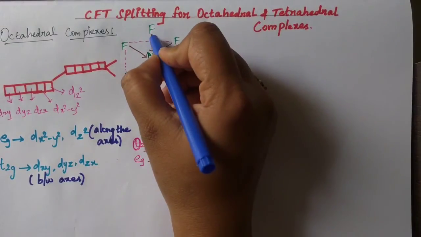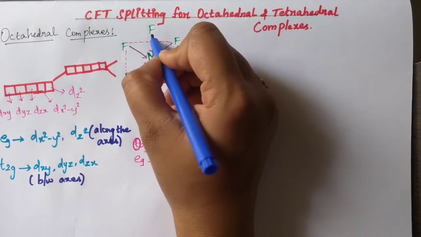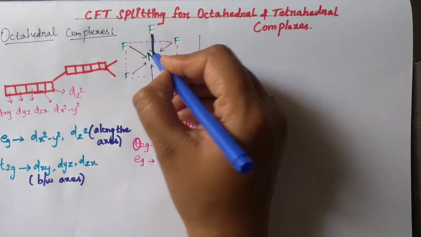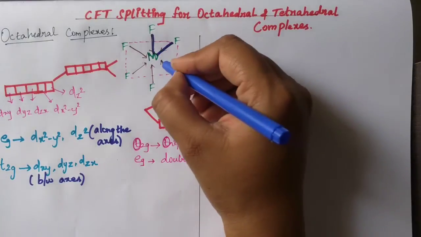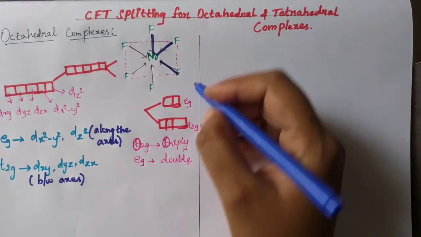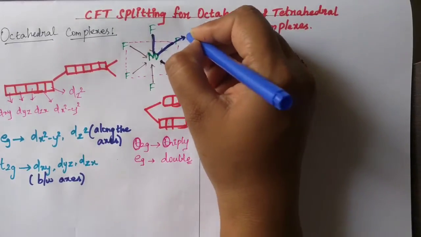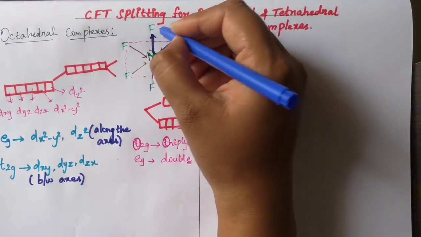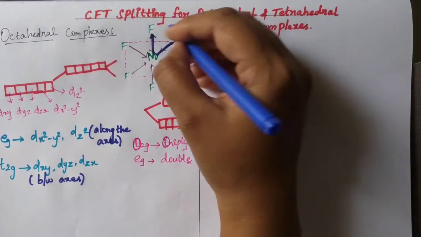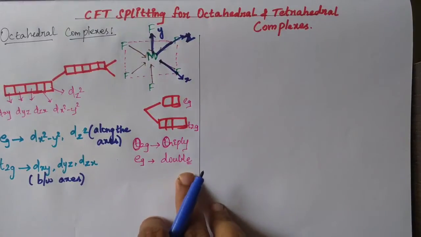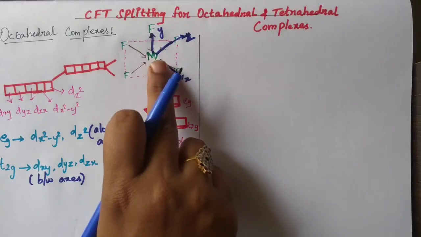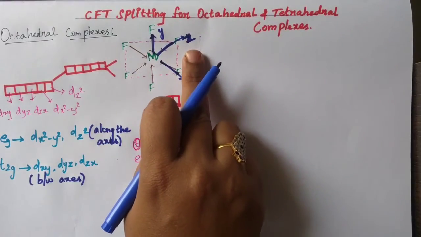See students, in the octahedral structure, this is the axis. We are taking 3 Cartesian axes, one is named x, one is named y, one is named z.